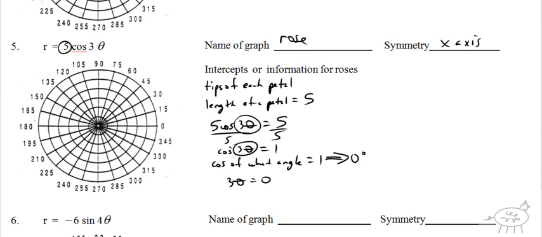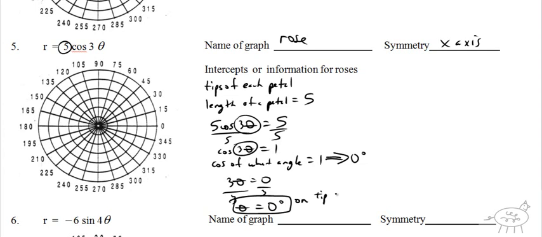I'm saying the cosine of 0 degrees is 1. That's just like replacing that with the 0. And then I'm going to solve for theta. So I'm going to divide both sides by 3. And I get theta equals 0 degrees. That's one tip.